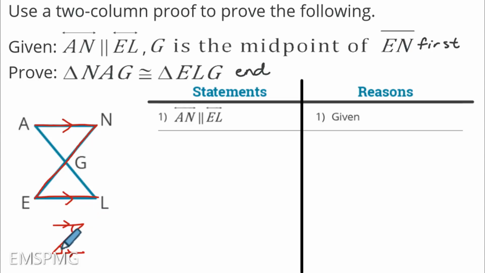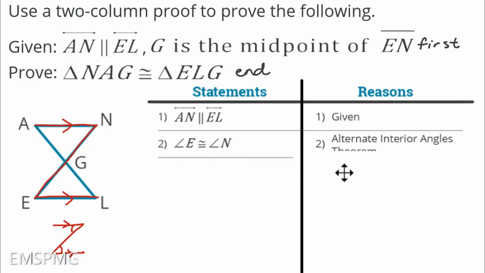One's above it, one's below it, and they are interior between the two parallels. These are alternate interior angles, so step number 2 is that angle E is congruent to angle N, and the reason is the alternate interior angles theorem.